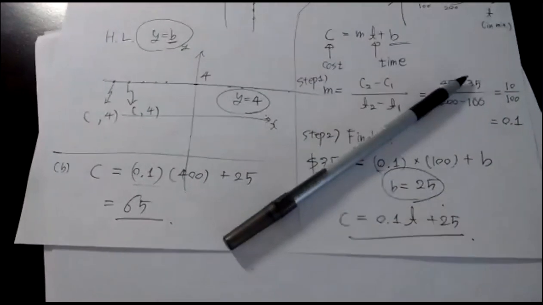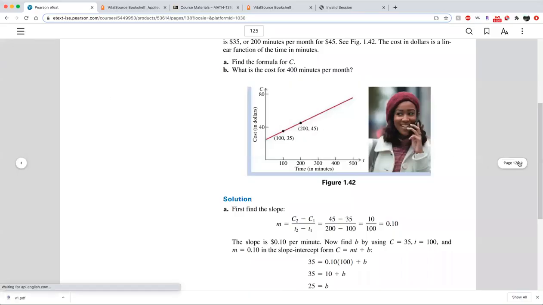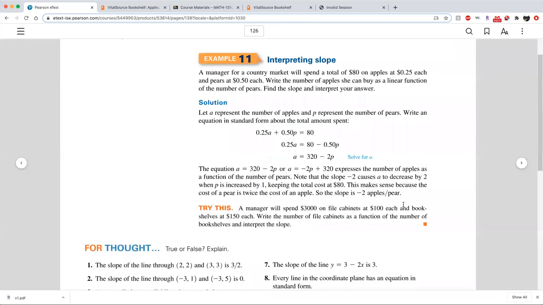So the next problem is an example. Example 11, interpreting slope. A manager for a country market will spend a total of $80 on apples at 25 cents each, and pears at 50 cents.